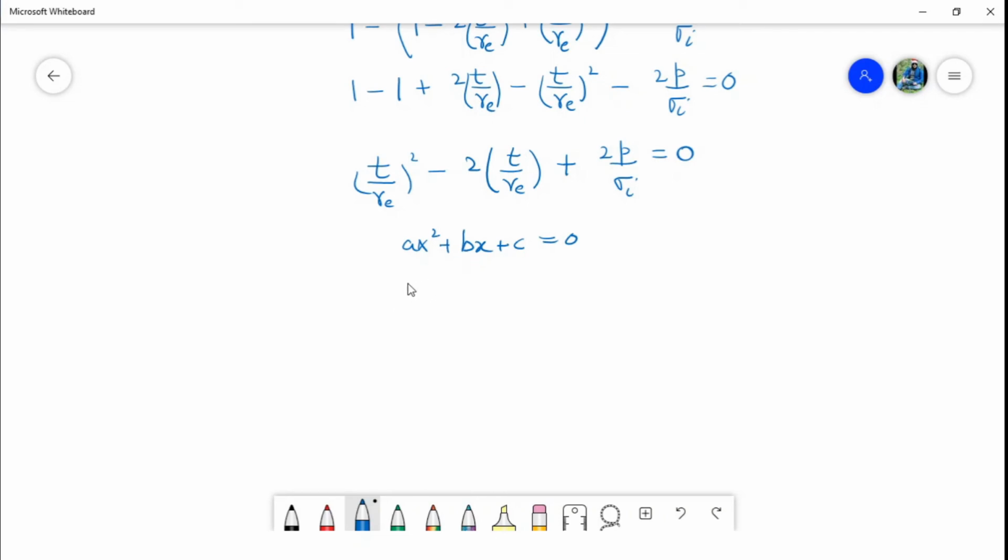So now the variable here is x, say t over Re. So the solution will be minus b plus minus the root of b square minus 4ac over twice of a.